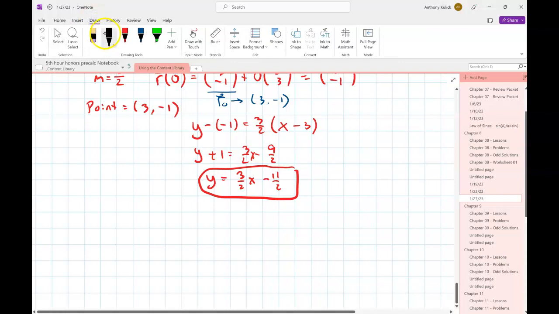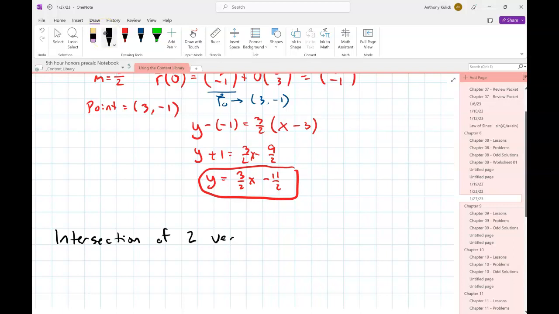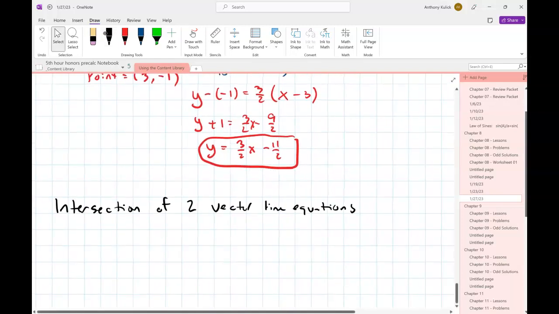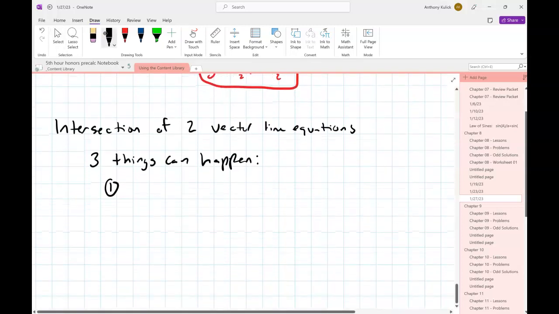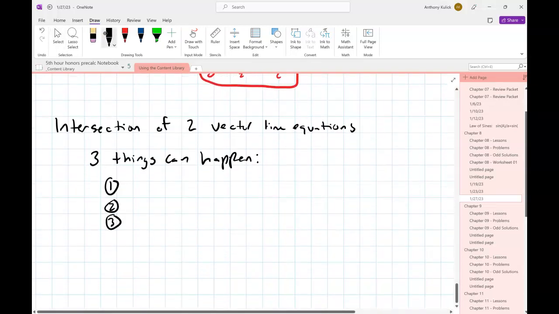What if we want the intersection of two vector line equations? So reminder, what are the 3 things that can happen? If you have 2 lines and you're concerned about their intersection, what are the 3 things that can happen?